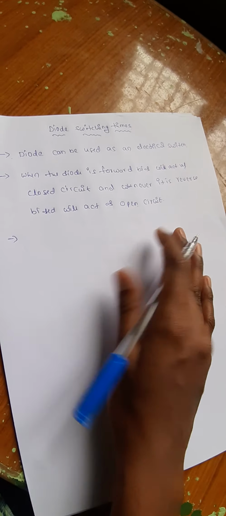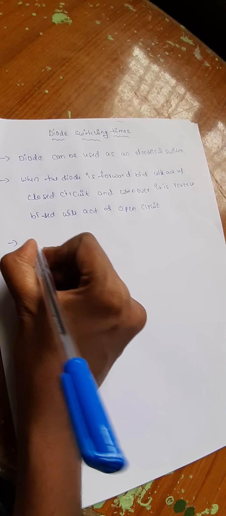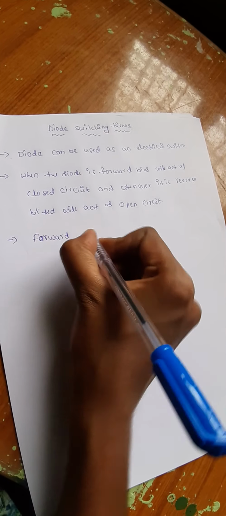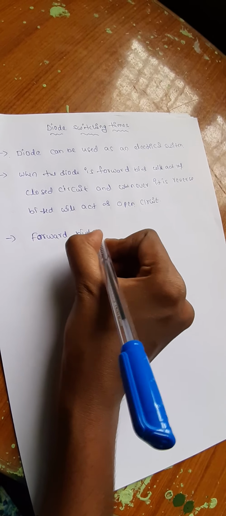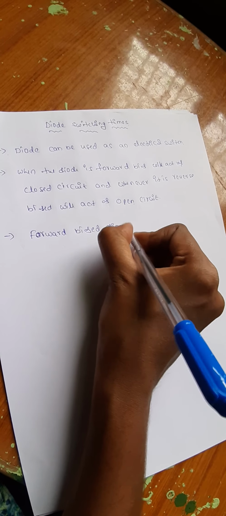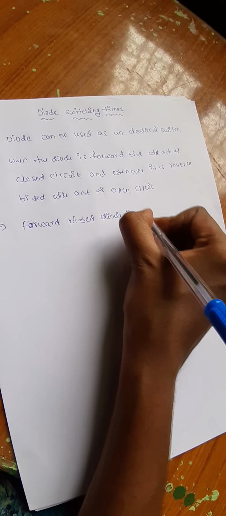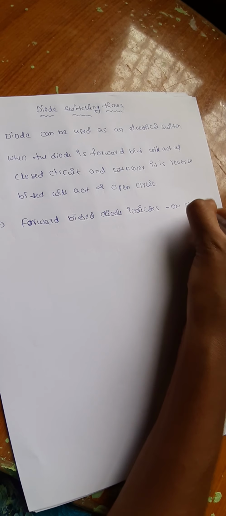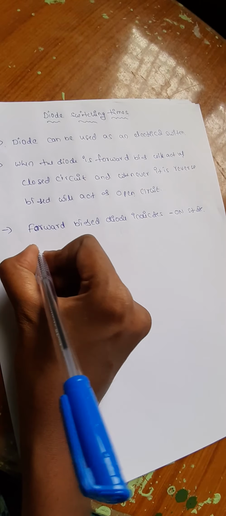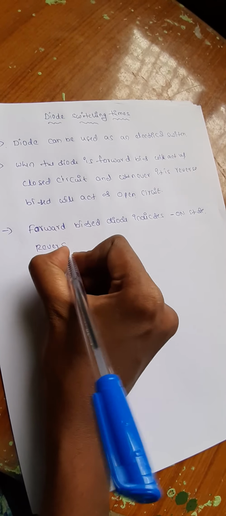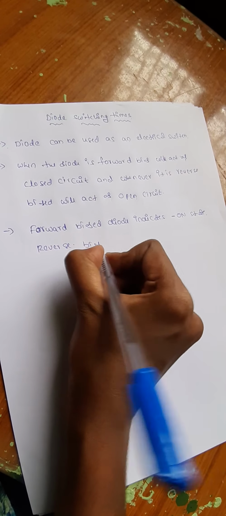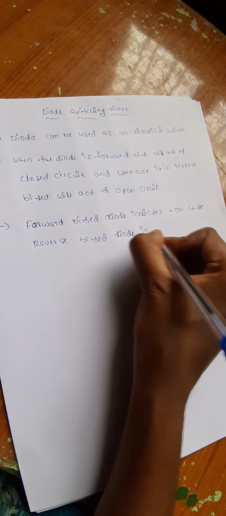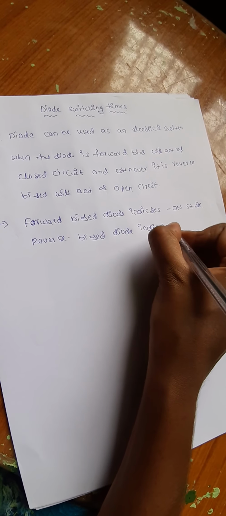The forward bias diode indicates the on state, and the reverse bias diode indicates the off state.